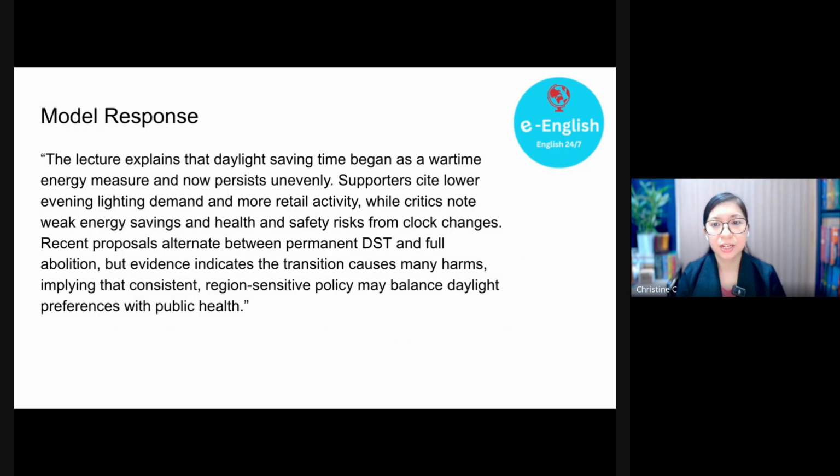Recent proposals suggest changing from daylight savings time to a permanent time, but the speaker points out this could cause many problems, suggesting that a consistent region-specific policy would be a better way to balance public needs. Okay, so that's another way to write the summary.